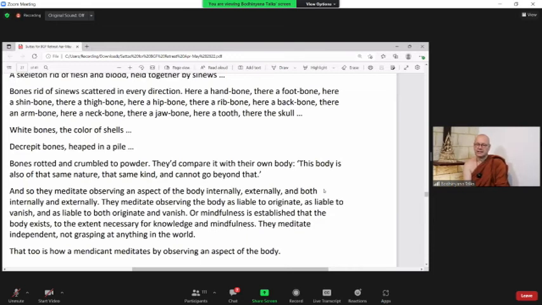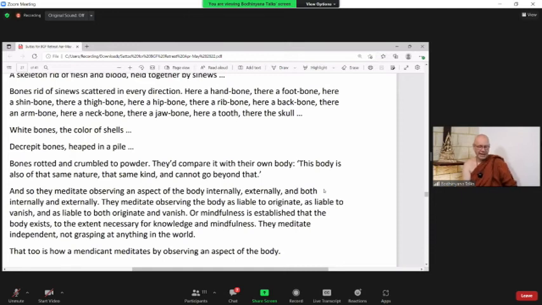That also makes sense in this context. Yeah, the vanishing of the body, the disappearance of all of these various aspects here, and then the origination when you get reborn. And then the mindfulness is established that the body exists to that extent necessary for knowledge and mindfulness. They meditate independent, not grasping at anything in the world. That too is how a mendicant meditates by observing an aspect of the body.